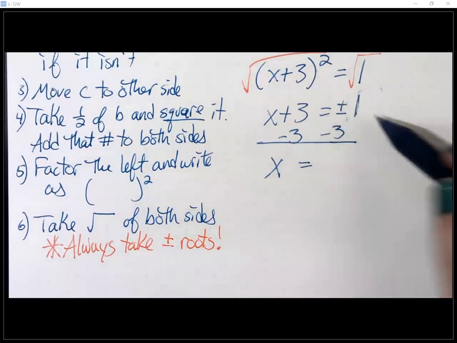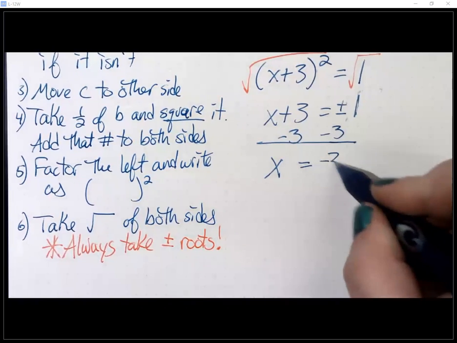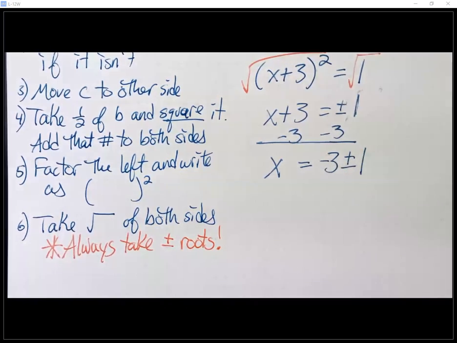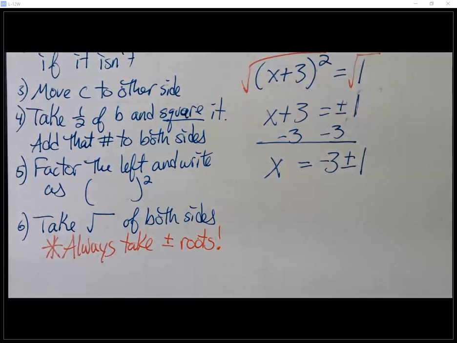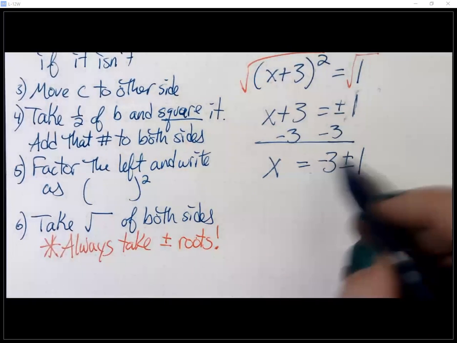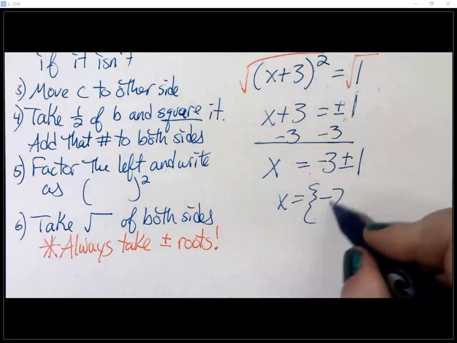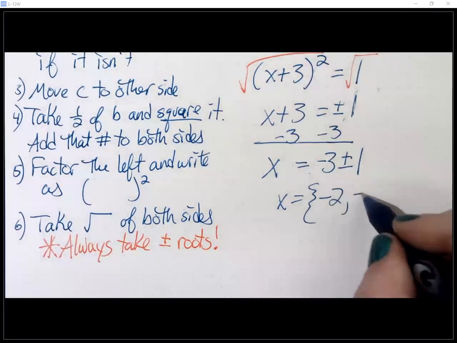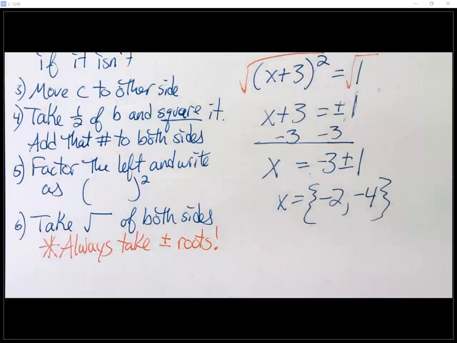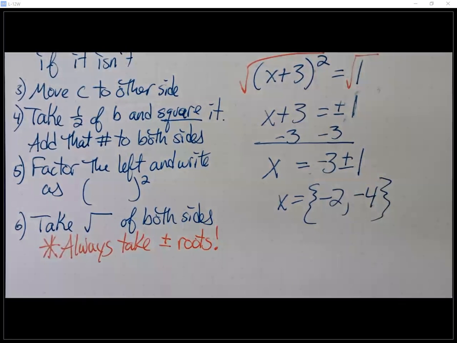So it looks like this, -3 plus minus 1. But you're not done because you can actually do that. So -3 plus 1 is going to get me one of my answers, which is -2. And then -3 minus 1 gets me that -4. So, my friends, there are the two answers.